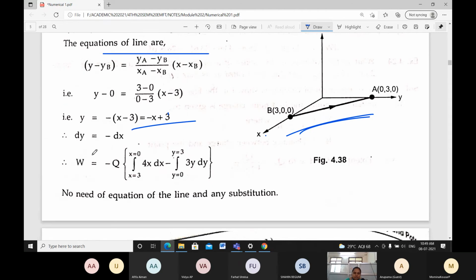Therefore W is going to be minus q, where the integration is changing from 3 to 0, 4x into dx, minus the integration where y is varying from 0 to 3, 3y into dy.